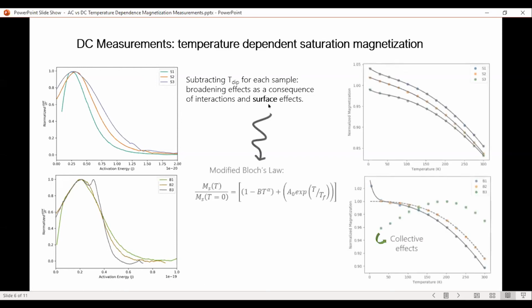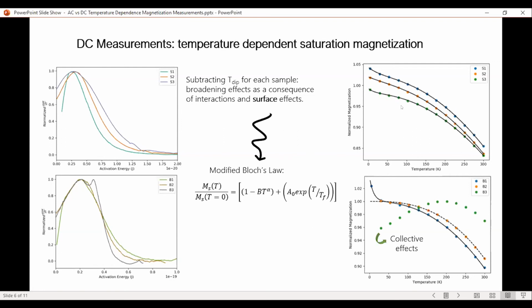There is a typical way of addressing surface effects that is related to temperature-dependent saturation magnetization analysis, and it's applying Bloch's law, which includes a term here that addresses the effect of canted spins at the surface, related to surface effects given the small size of the nanoparticles or the breaking of symmetry at the border of the nanoparticles.